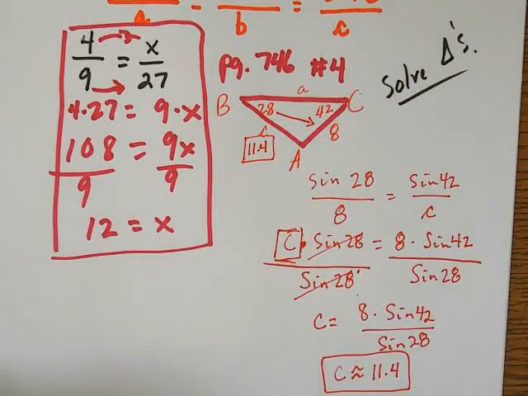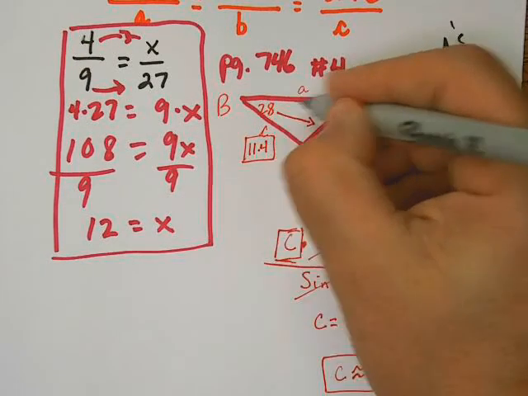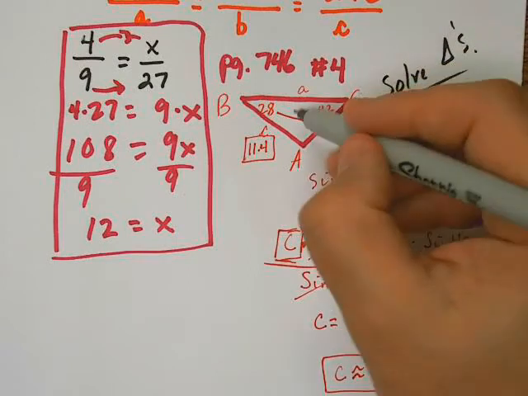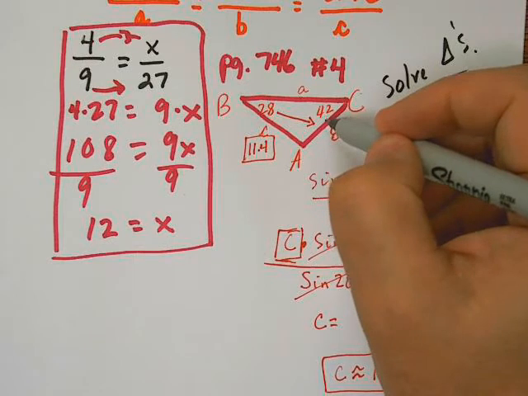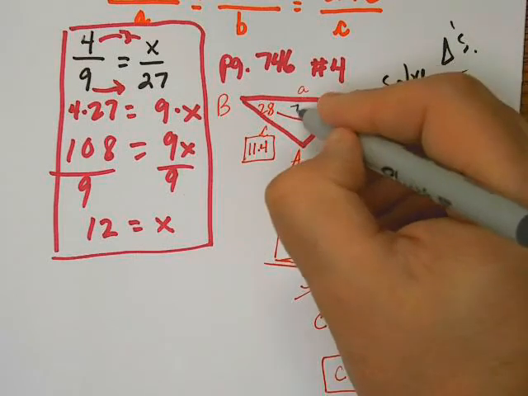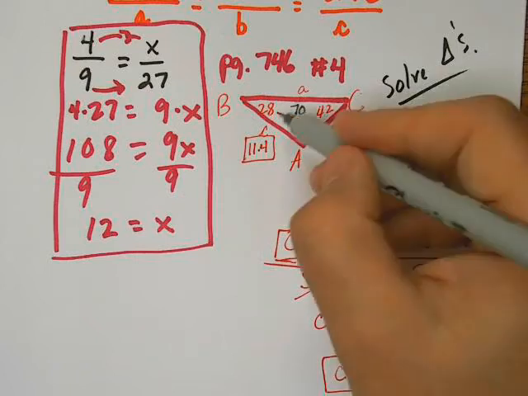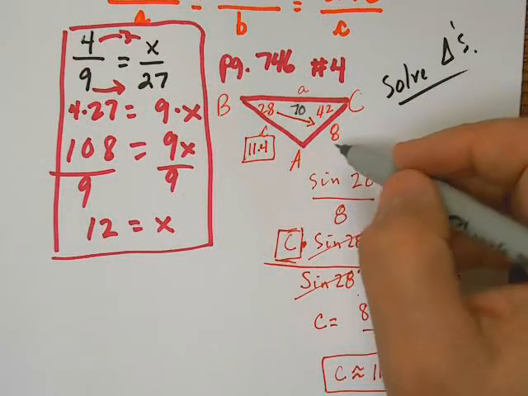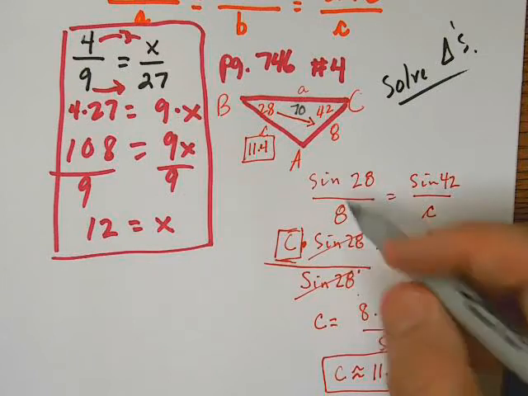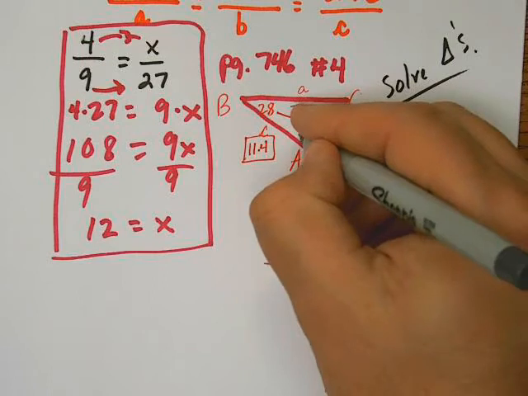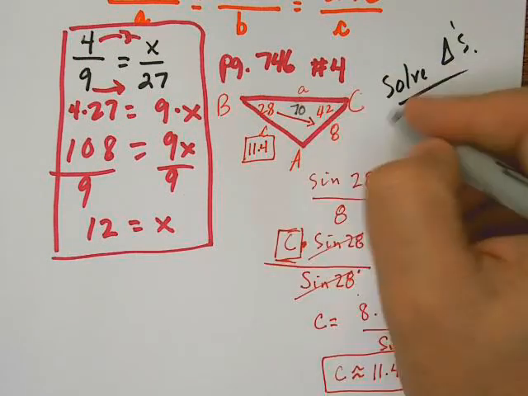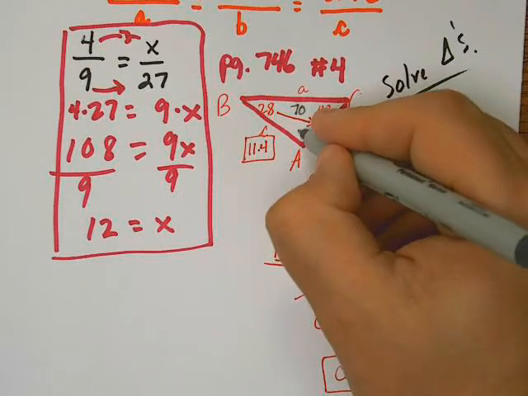All right, without using a calculator, Aurora, what's 28 plus 42? 70. Yeah, 70. All right, if all three angles add up to be 180, Aurora, and those two add up to be 70, what's the measure of angle A? 110.